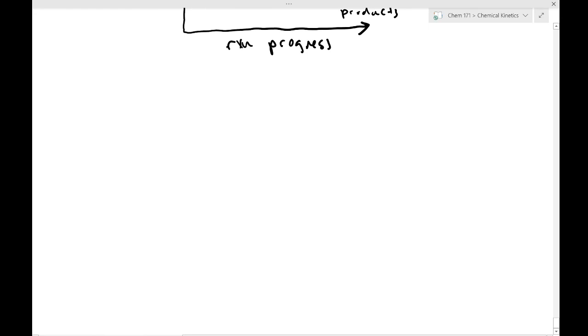Next, we need to talk about A, this frequency factor. Okay. The frequency factor is essentially the frequency of events.